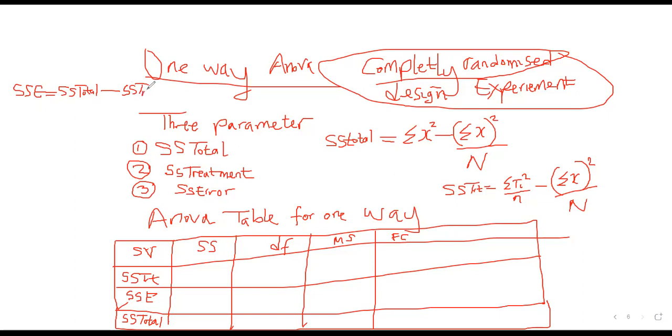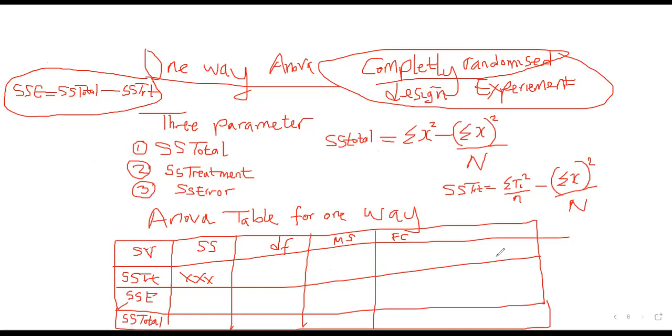So this is why we are looking at the analysis of variance. This is one way. The degree of freedom will be given here. Sum of square are the figures that we get here. Sum of square total and sum of square error we put here. So these sums of squares are put here.